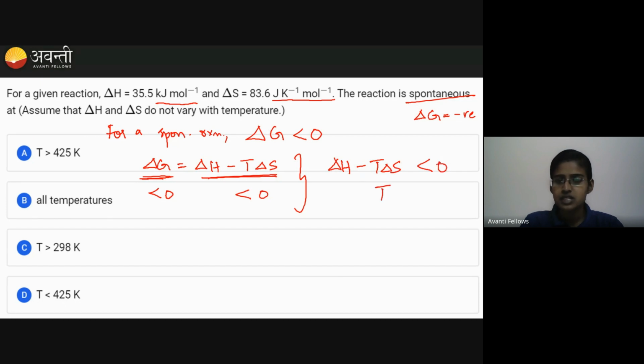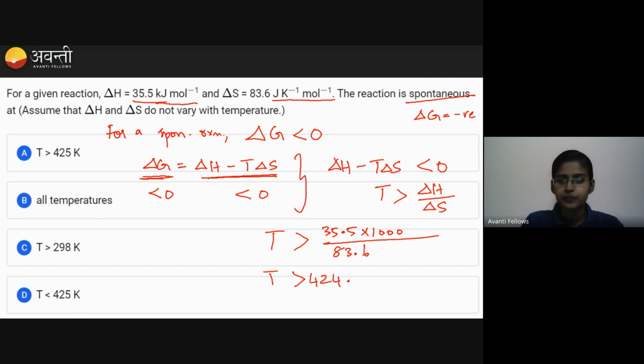Now, from this, what is T? T will be greater than delta H by delta S. Now substitute the values. Temperature is greater than, delta H is 35.5 kilojoule, so multiply by 10 to the power 3, which is 1000, divided by delta S, which is 83.6. If we solve this, we get 424.6, which is approximately 425 Kelvin.